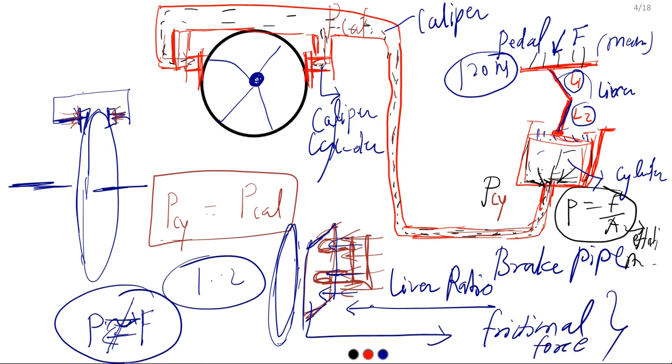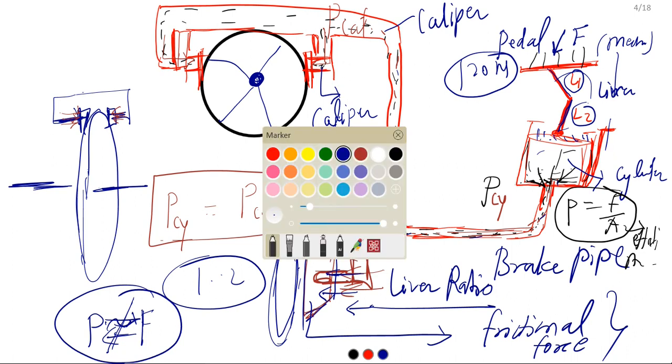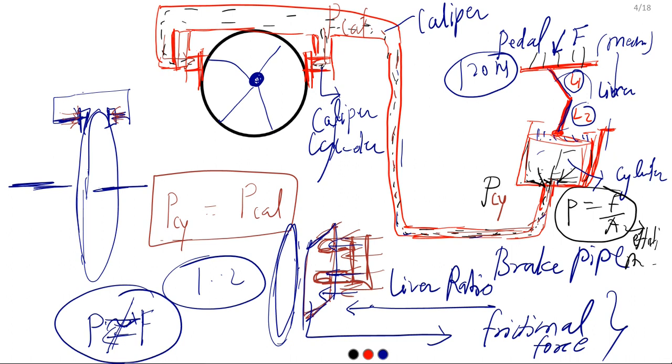This is important to understand: how the force is traveling from the pedal to the cylinder, from the cylinder to brake fluid and pipe, and from here to the caliper. We are calling it caliper 1 and caliper 2.